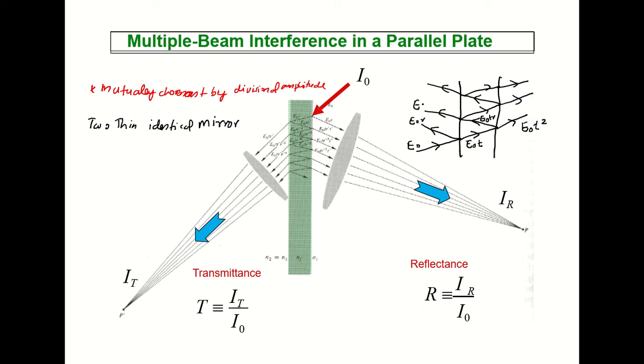So these are twice transmitted, so we have E0T square R. Then likewise we get E0T square R cube, E0TR raised to 4, E0TR cube, E0T square R square, and E0T square R raised to 4.